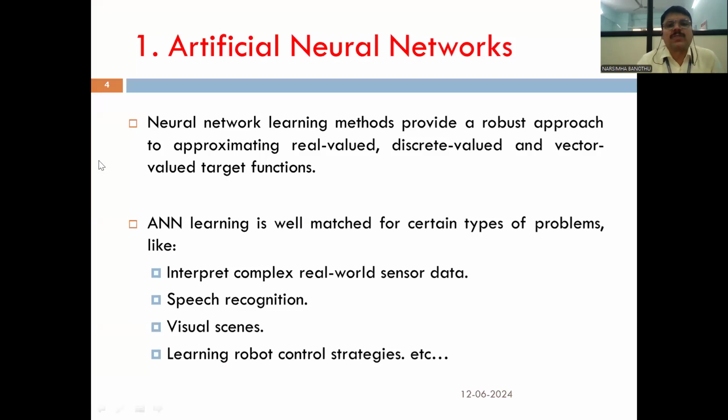Artificial neural networks are nothing but human functionalities converted into artificial. It is called an artificial neural network. So, neural network learning methods provide a robust approach to approximating real-valued, discrete-valued, and vector-valued target functions.